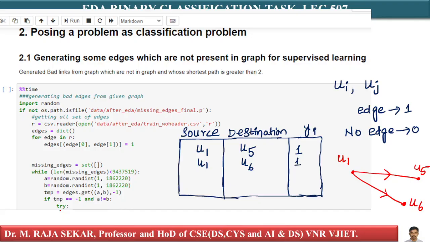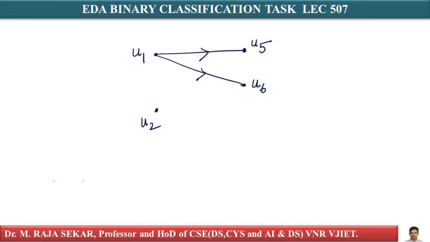Let's assume in my graph I have other vertices, like vertex u2. I have an edge between u1 and u5, and there is also an edge between u1 and u6. In my original directed graph G, if there is no edge between u1 and u2, that information is not given in train.csv, and that is important.